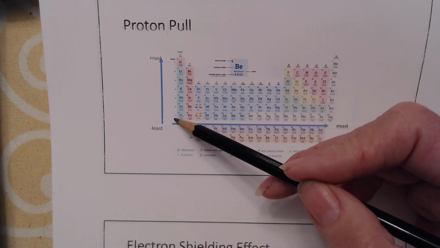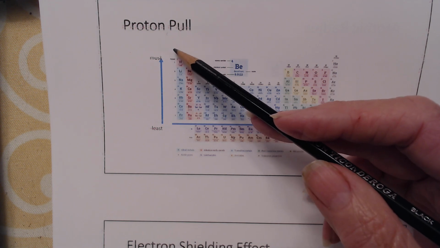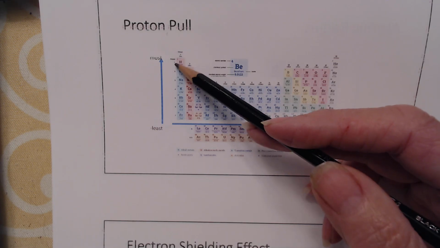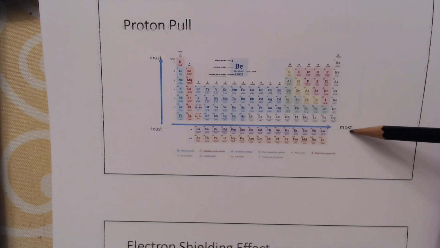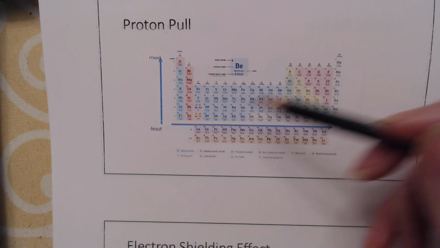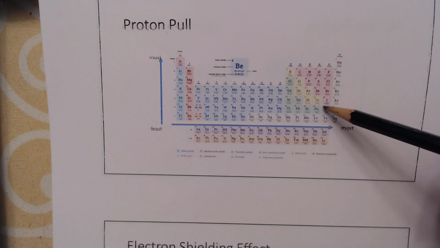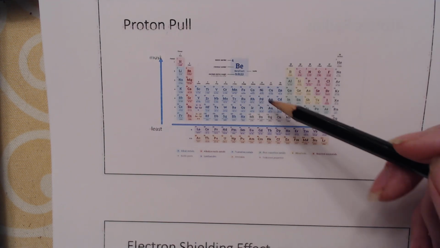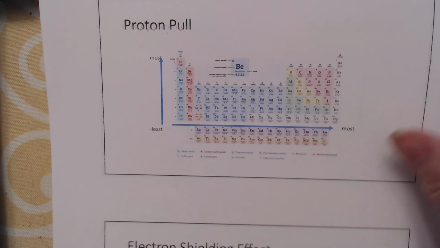Okay, so as we go upwards here, we're getting more and more of an effect with the protons keeping their electrons close by. As we move across the table, what we see is there are more and more protons, right? I'm adding one for every box as I move rightwards, and because of that, my pull is increasing as I go across. Okay, so know that.